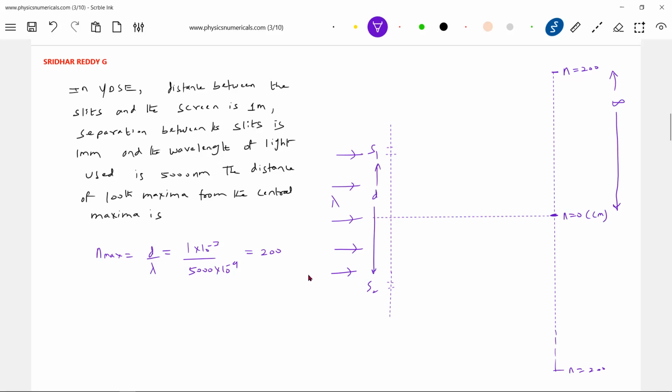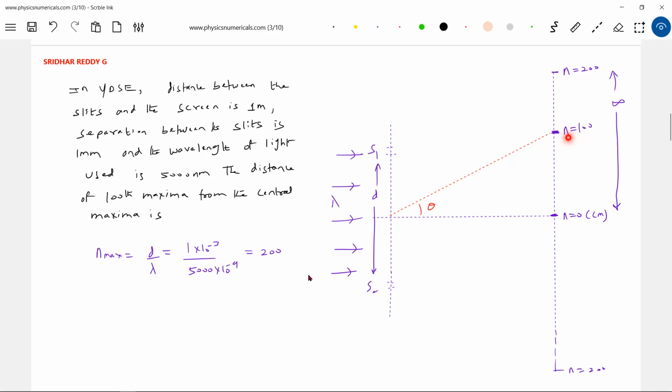Now it's asking the position of the 100th maxima. So how to calculate that? Let me take this as theta. So what should be the path difference of the rays arriving there?